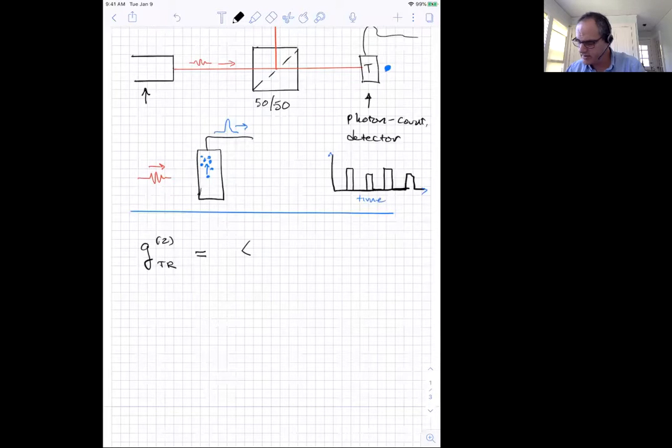It's the average of the product of the intensities or the signals from the transmitted and the reflected waves divided by the average of the intensity of the transmitted wave times the average of the intensity of the reflected wave. Okay? This is the quantity here. And a little thought will show us why this is an important quantity. Okay?